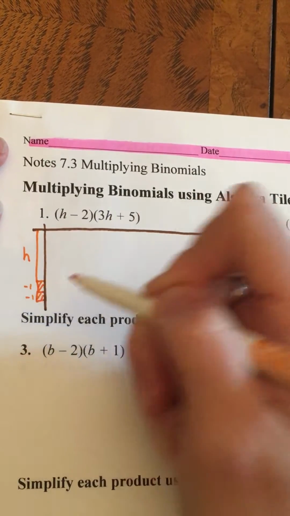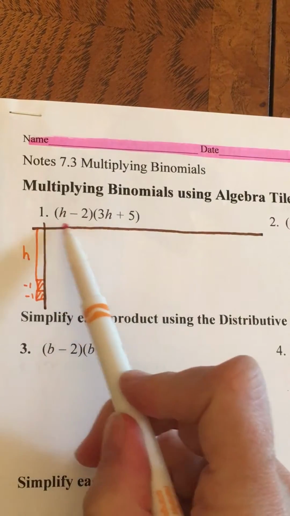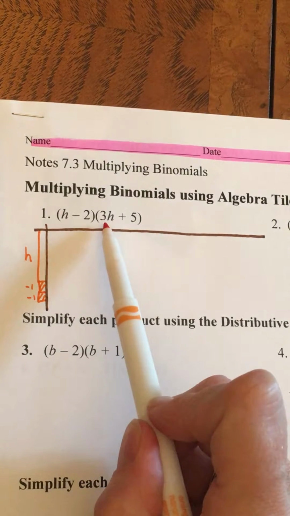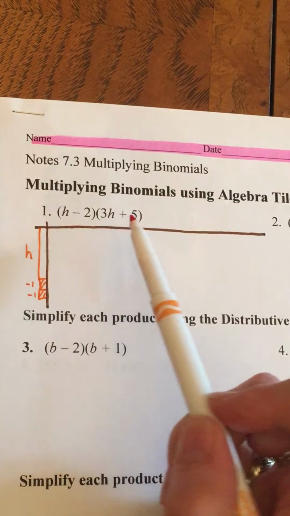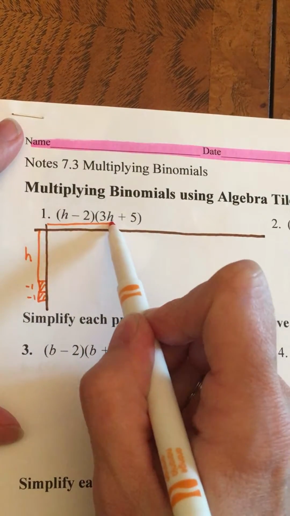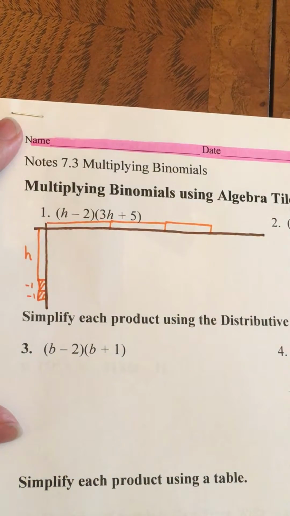Negative 1, negative 1. All right. Across the top of our frame, let's put in our second binomial. So here I have 3h. So I need 3 long sticks, 1, 2, 3.